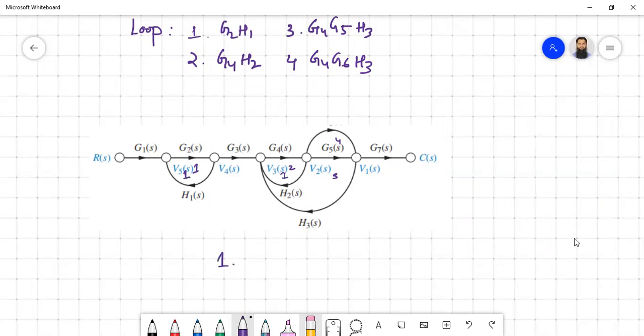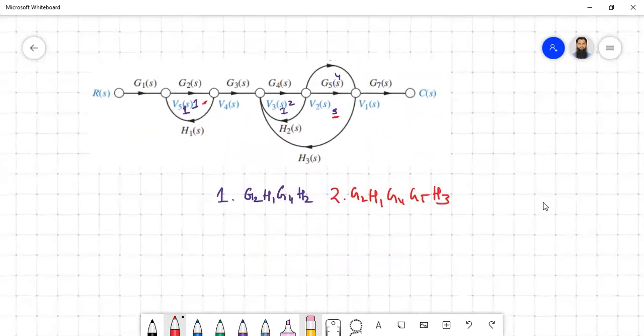Their two-at-a-time gain is G2 H1 and G4 H2. So this is one combination. The next combination can be this one with the third one, which gives G2 H1, then G4 G5 H3.